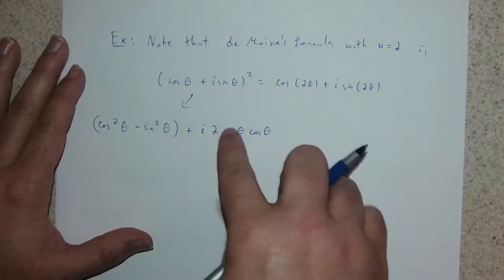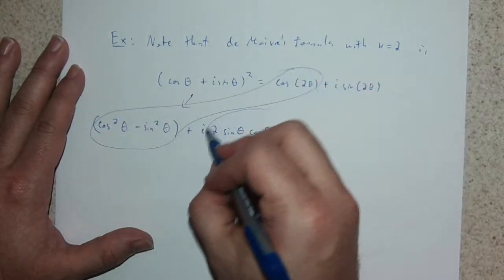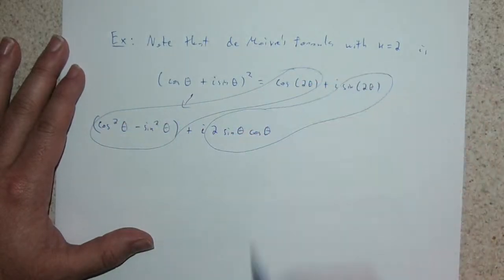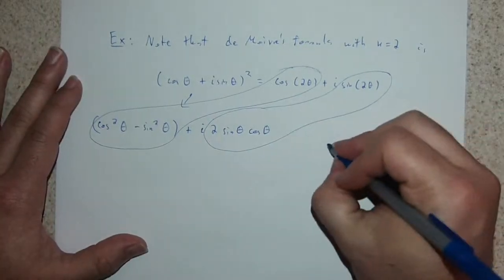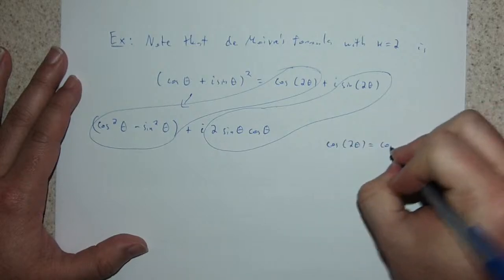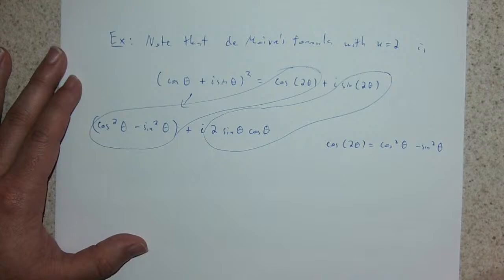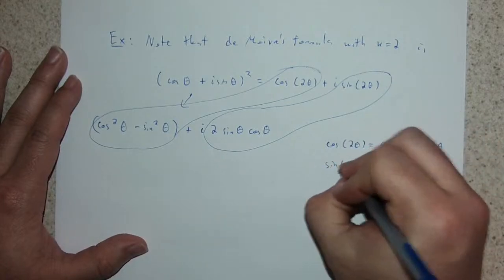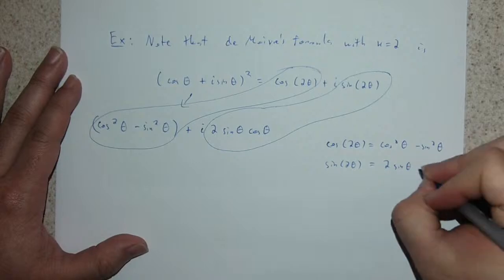What happens if I equate the real parts and the imaginary parts? Right, so if I equate the real parts, I get cosine of 2 theta is cosine squared theta minus sine squared theta. And sine of 2 theta is 2 sine theta cosine theta.